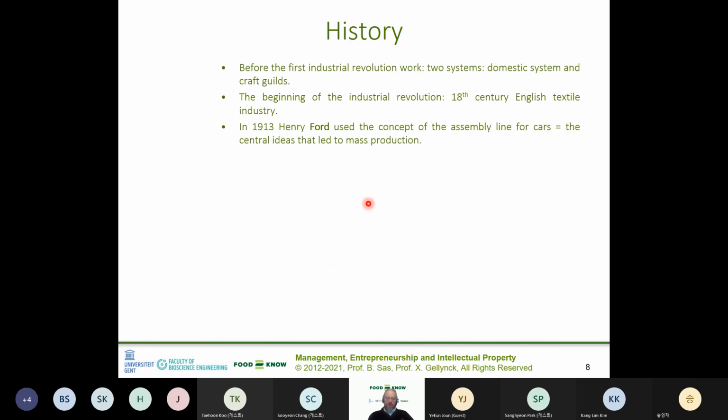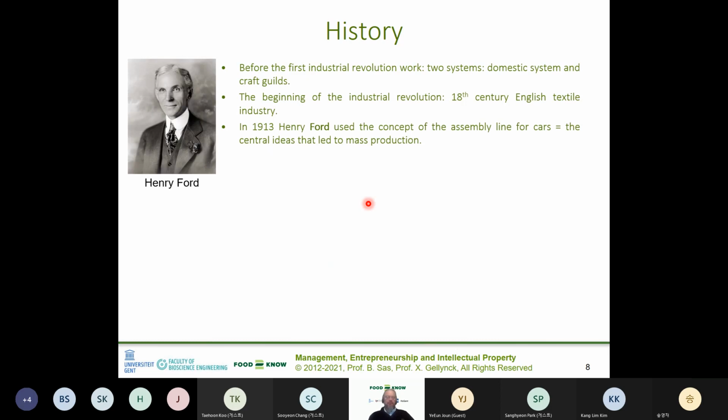So he started up this assembly line process. You see Henry Ford here. And then you had a good friend of him, Frederick Taylor, who started then also operations management as a scientific discipline to be studied.